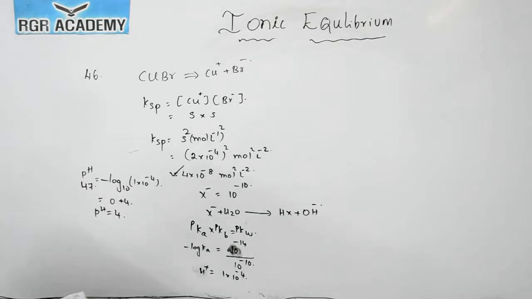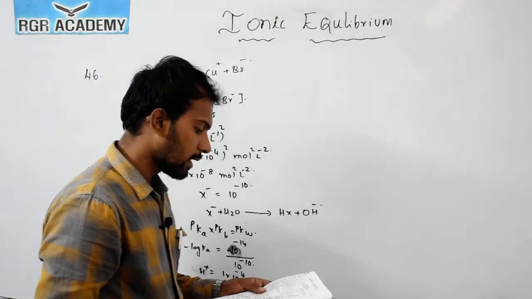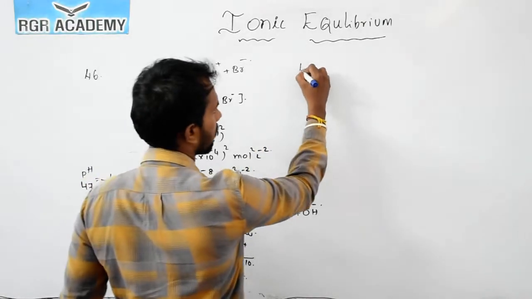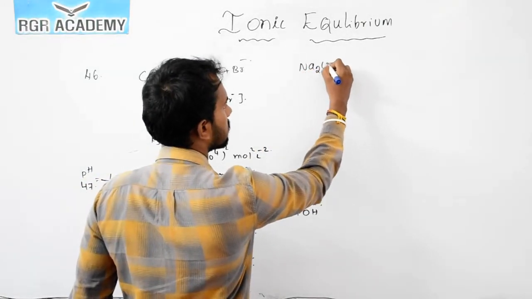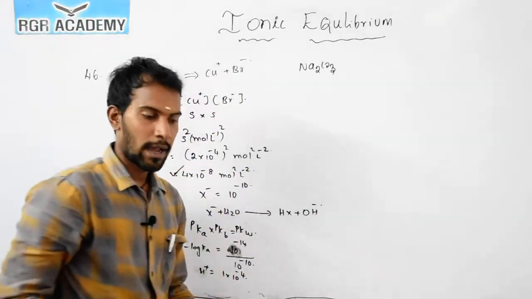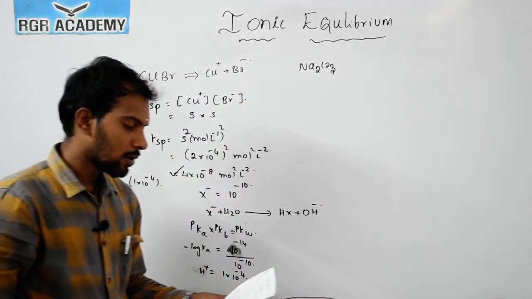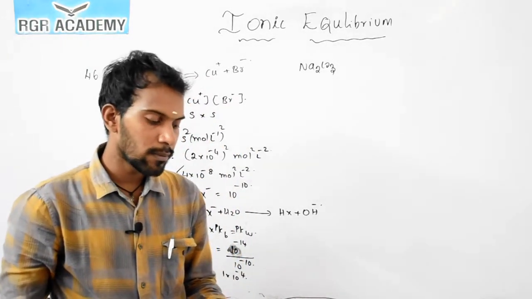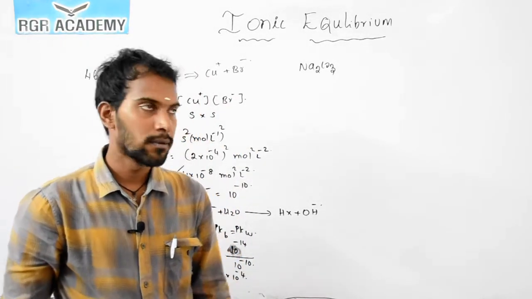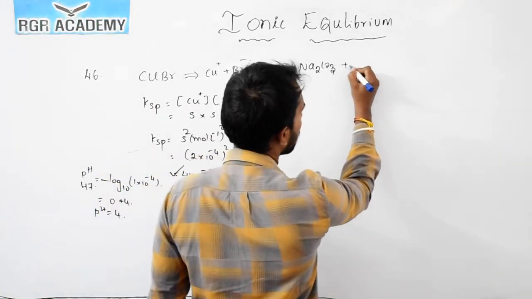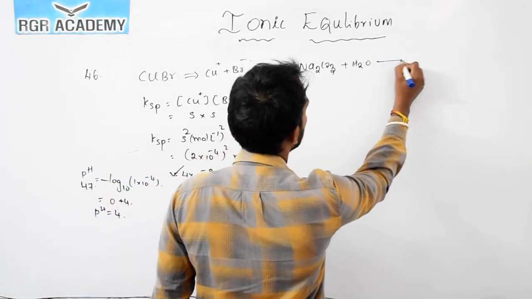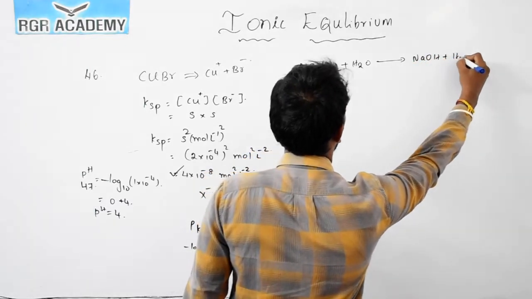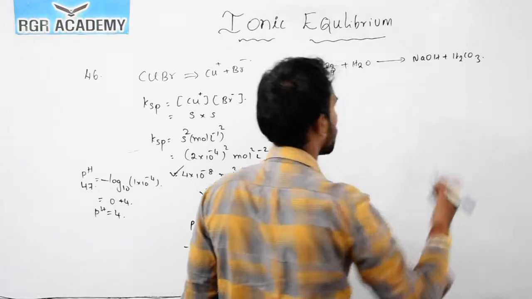Okay. Now the question number 48. An aqueous solution of sodium carbonate, Na2CO3, is alkaline because sodium carbonate is a salt of. Now see this one, when you hydrolyze this compound, it converts into NaOH plus H2CO3, carbonic acid.